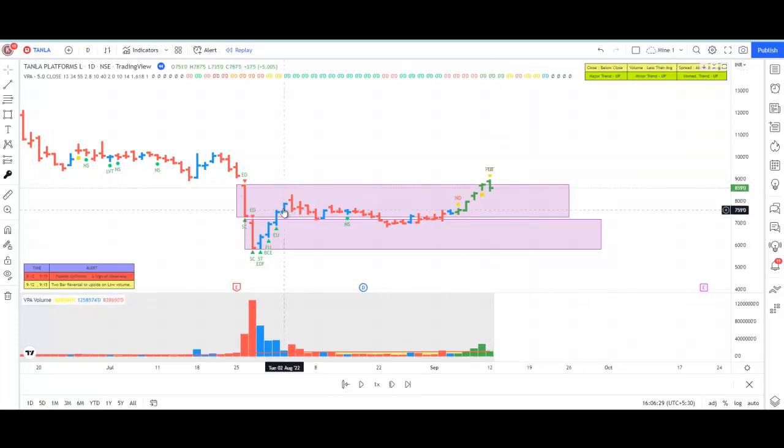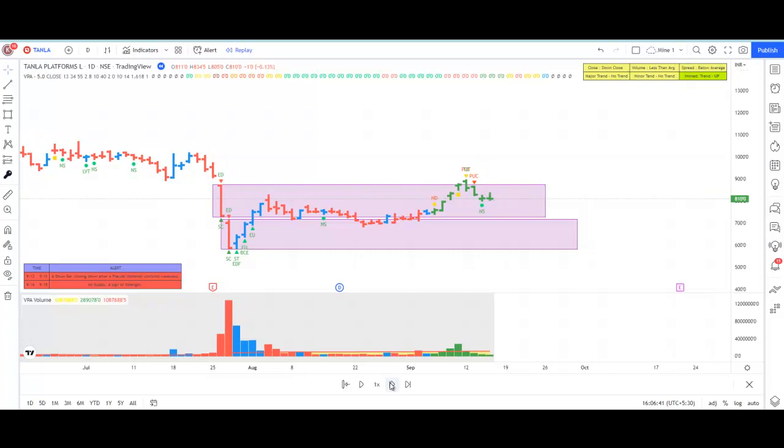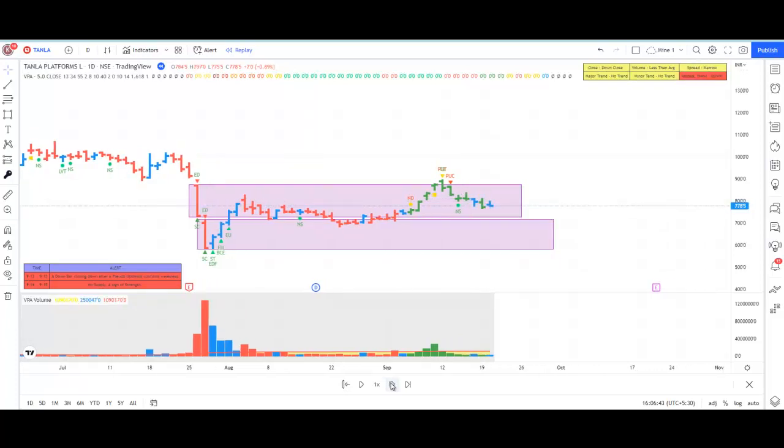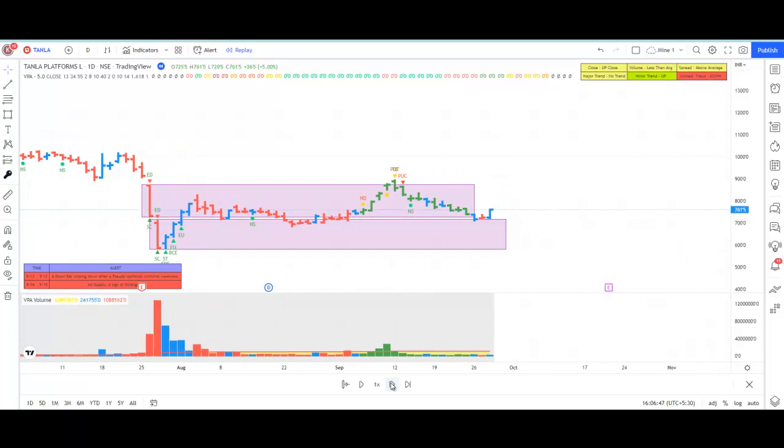Here, the high of the first selling climax bar acted as a resistance. So again, it has been moving sideways.